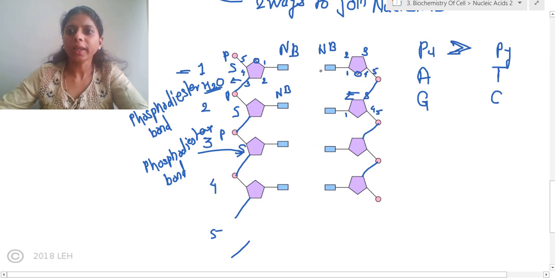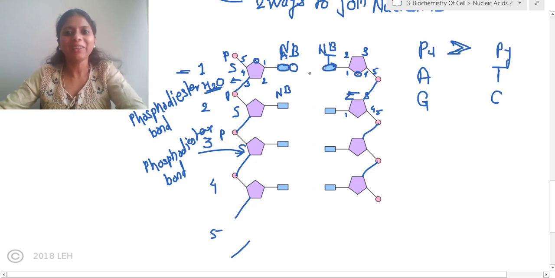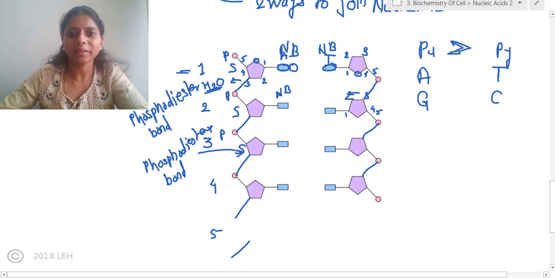So suppose here I considered it is A, which should be a double ring, I will draw double rings. Okay, then automatically here T will come because they are so attracted towards one another. Wherever A comes, in front of it automatically T will come. Okay, suppose I considered here there is a C, obviously a single ring structure, then automatically here there will come G, a double ring structure.